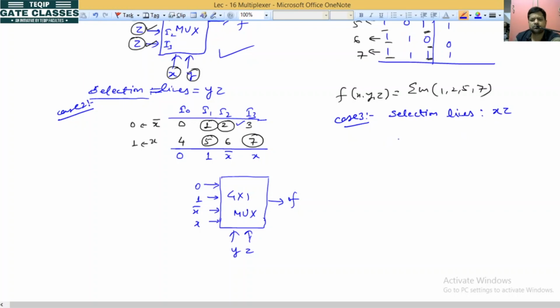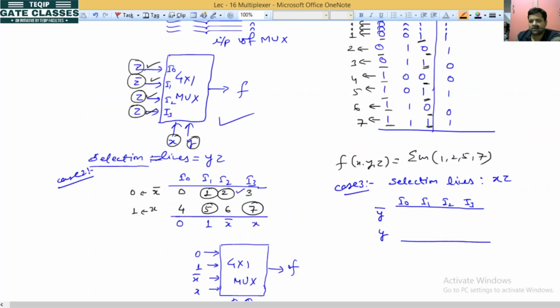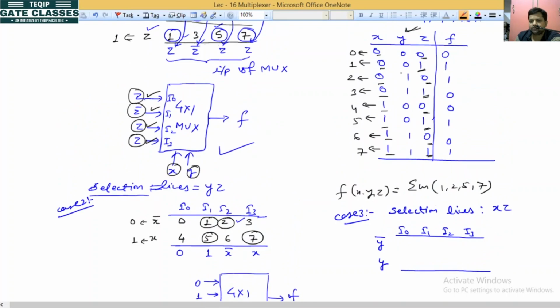You can apply any one of these three depending on the question. Okay na, so if we have xz as the selection line, which variable will be on the inputs? y. So write y bar, y here, I0, I1, I2, I3. Again we look at the truth table.